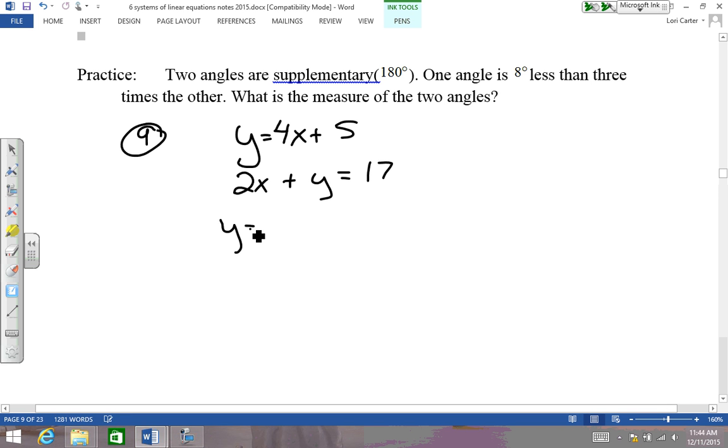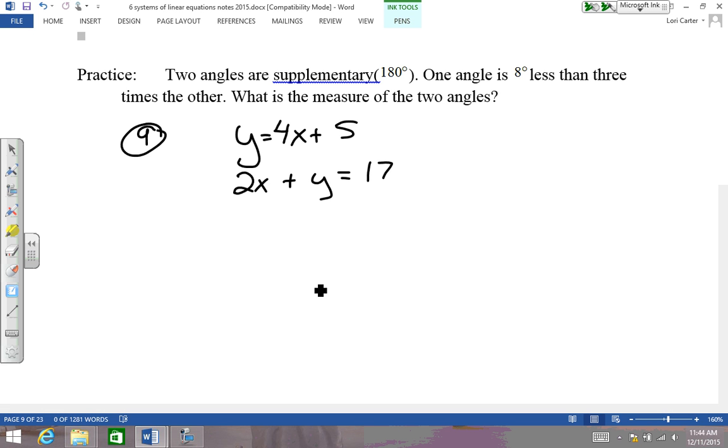Actually, I solved for y. So we get 2x equals negative y plus 17. Divide by 2. Do I have a lot of fractions? Yeah, was that my best choice? No. Is it wrong? No, it's just hard. Okay, what's easier? Solve for y. You've got to get the second equation into y, then you can do the slope.